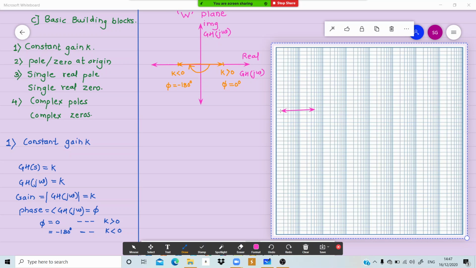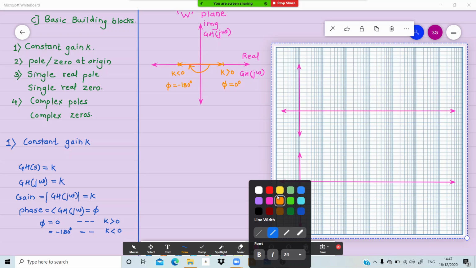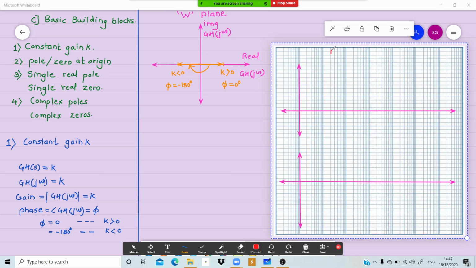Let us say I'm going to plot magnitude over here, and let us say angle I'm plotting over here. How much scale and what scale you are going to decide is up to you. But these lines I will explain. This is the magnitude plot, and this is the angle plot.